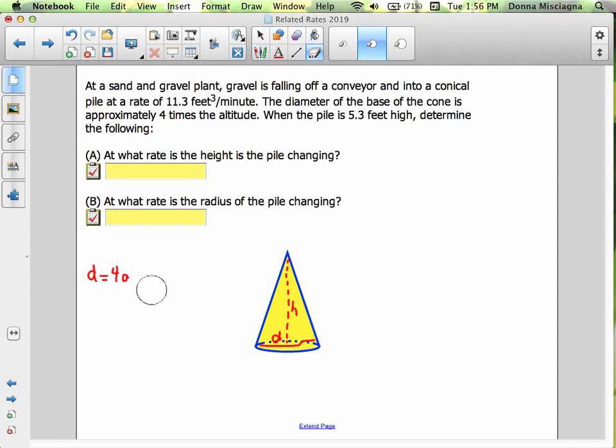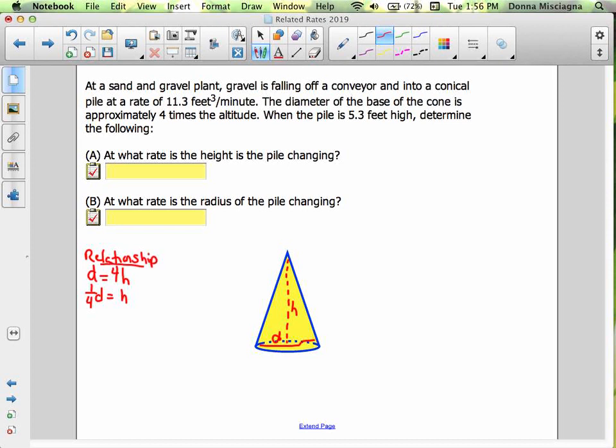Let's put H. So if the diameter is 4 times the height, the height is 1/4 of the diameter. That'll be an important relationship when we're working with this particular problem because it's got 3 variables.